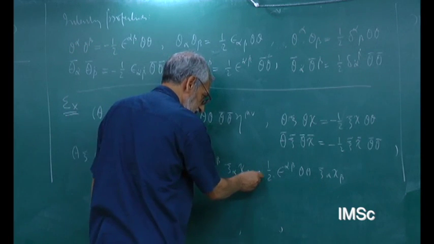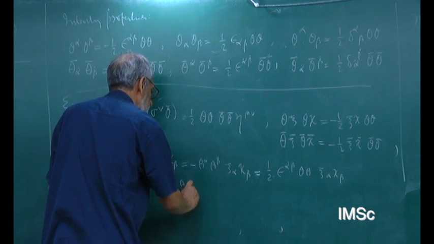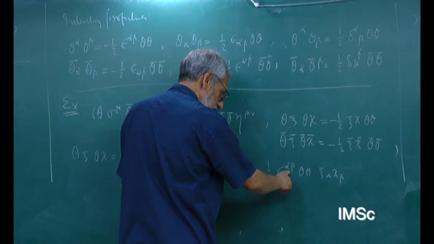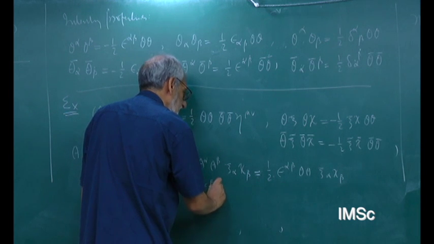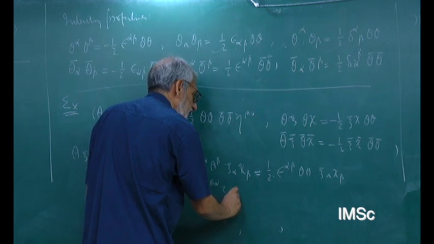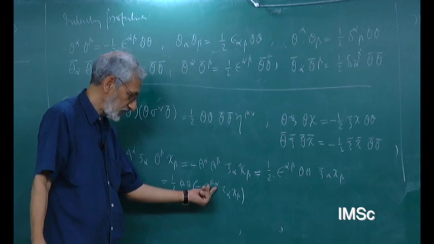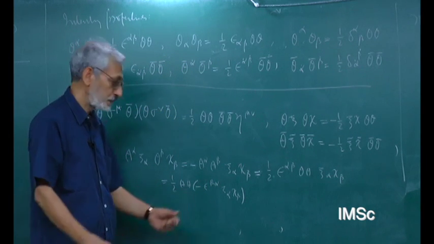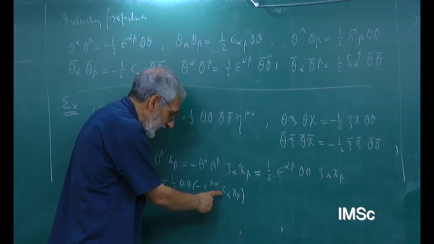So this is equal. Now, write this as minus beta alpha xi alpha chi beta. Interchange beta alpha and put a minus sign. Now, this is the rule for raising the index alpha.